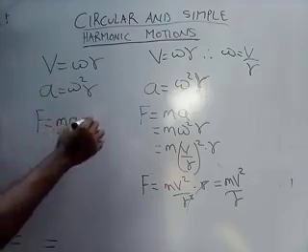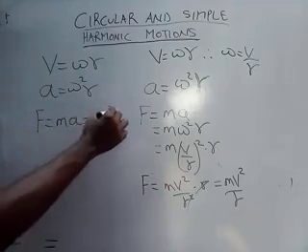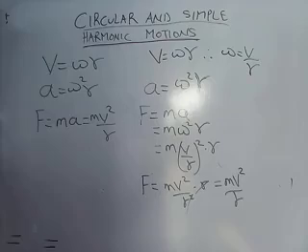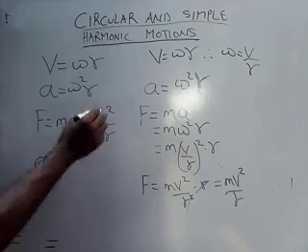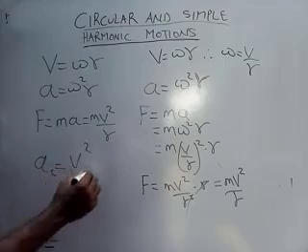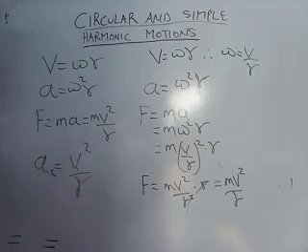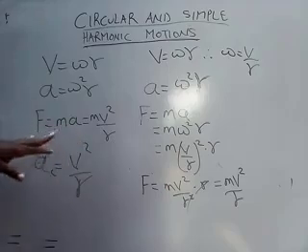Ma equals M v square over R. That means our centripetal acceleration is v square over R. V is the linear velocity, and a means acceleration, because F equals ma is normally the linear force, and this a is linear acceleration.